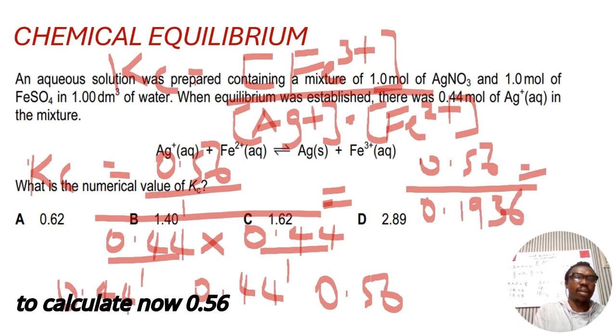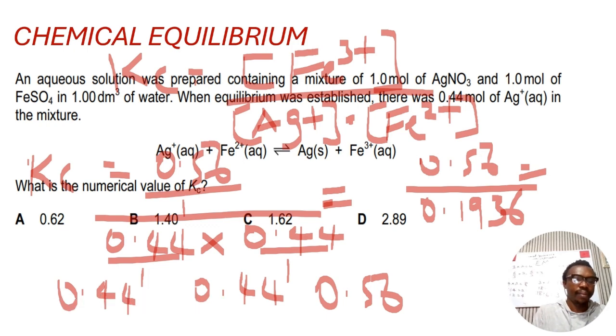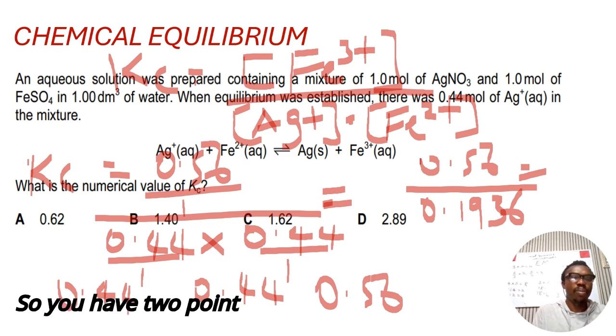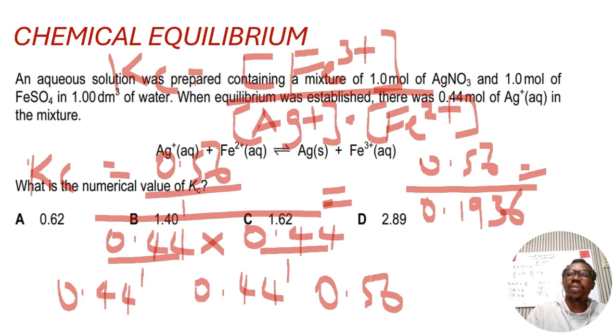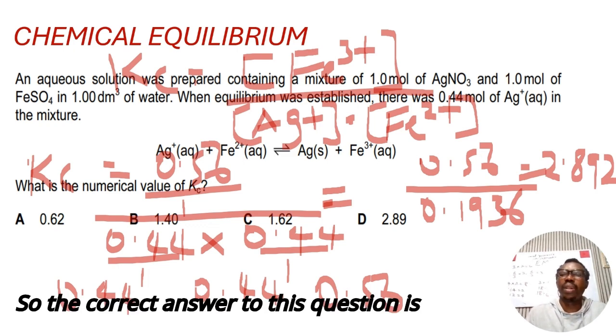So I have to calculate now. 0.56 divided by 0.1936. So you have 2.89, 2.892. So the correct answer to this question is what?